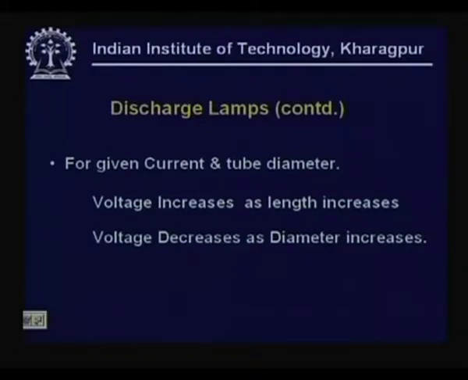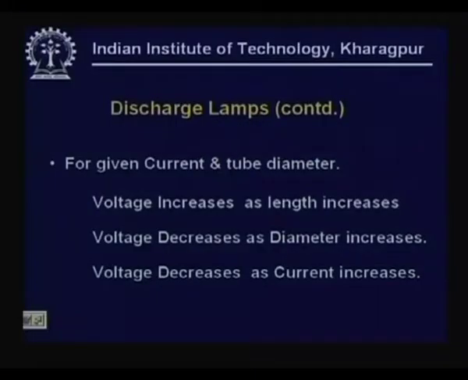In fact, I told you a little while ago, we talk for these fluorescent lamps in terms of the diameter. That is why we have a recent trend. We would like to use the tube diameter to the maximum extent possible, and that is where we have what are called slimline tubes.